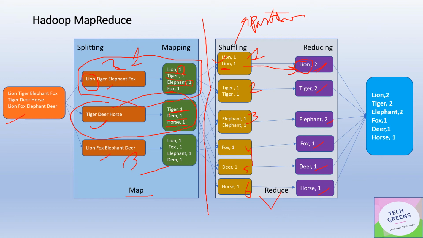And eventually, the reducer would emit the output. So the output is emitted by the reducer. This is our output, where we got the word count of this input text. This was the input, and this is our output.